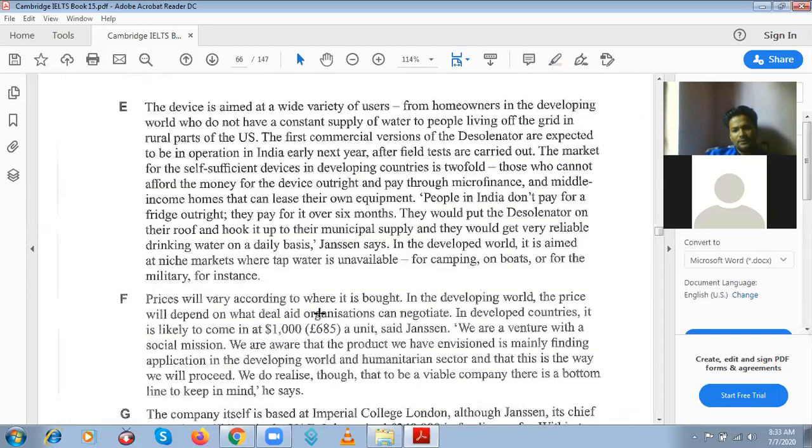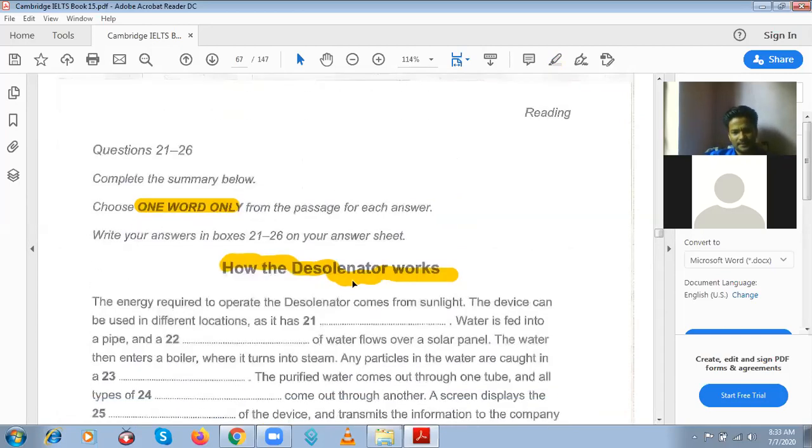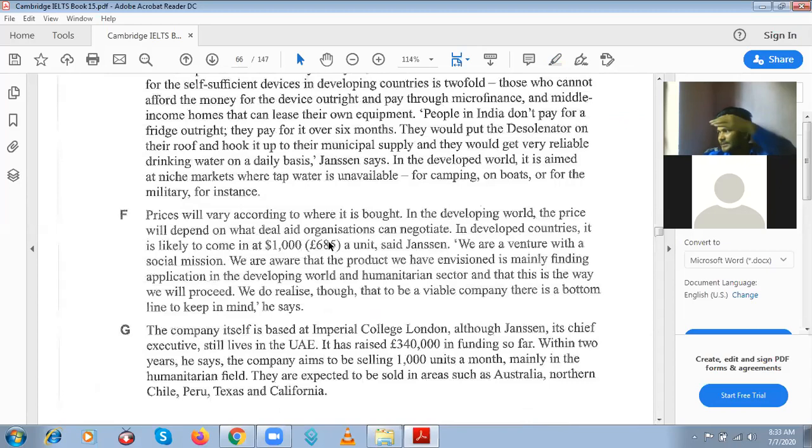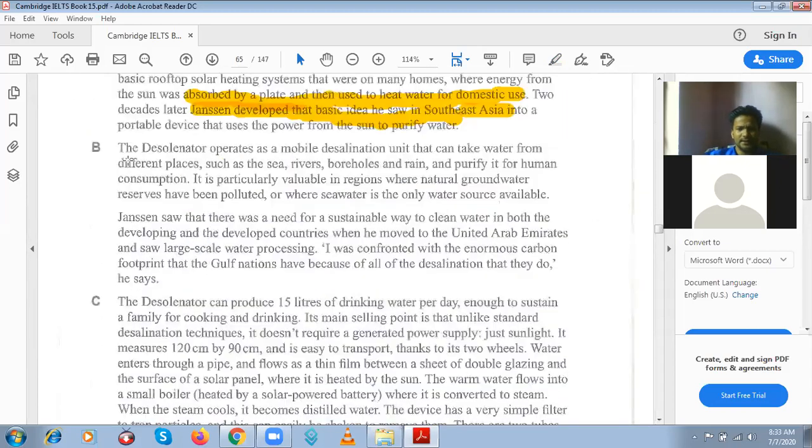And then there is nothing about the function, how it works. It's still not in the first paragraph; it only talks about the first initiation. Read the second paragraph. The desalinator operates as a mobile distillation unit that can take water from different places, such as the sea, rivers, boreholes, and rain, and purify it for human consumption.